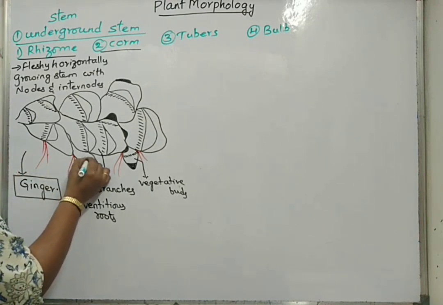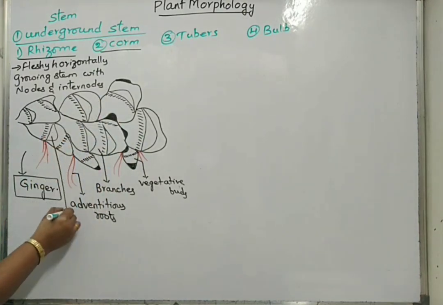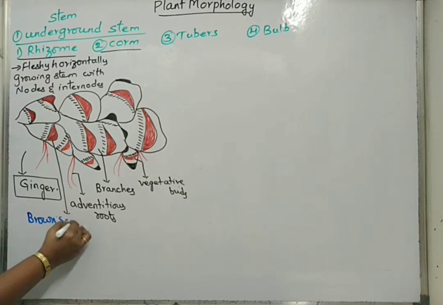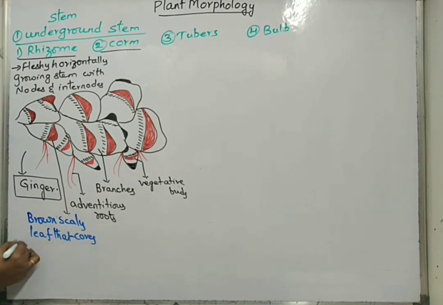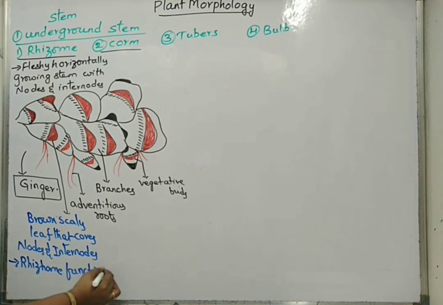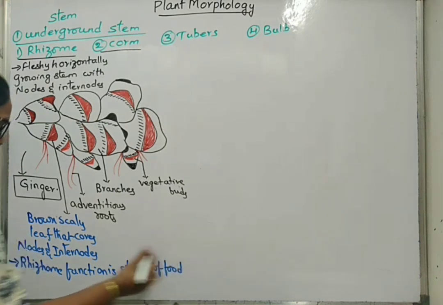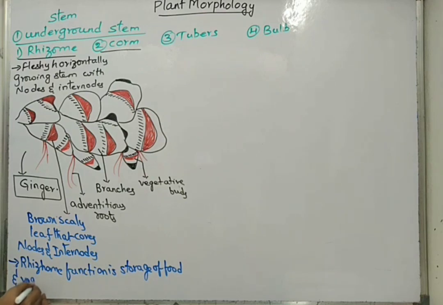These are brown colored scaly leaves that cover nodes and internodes. The function of these rhizomes is storage of food and vegetative propagation.